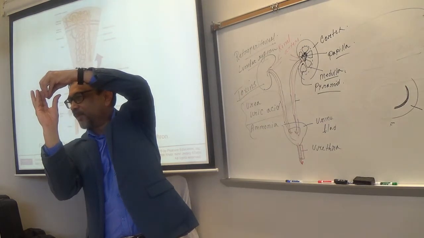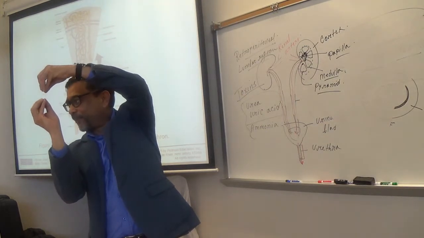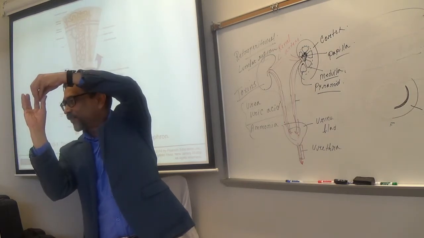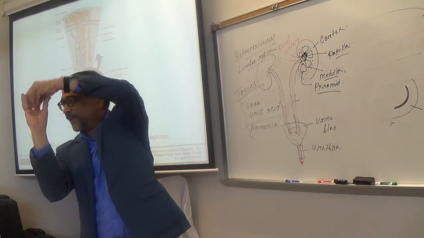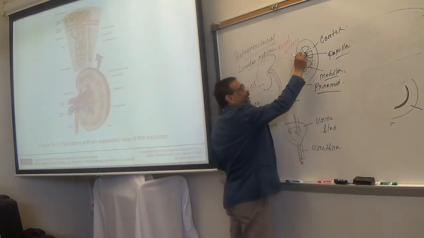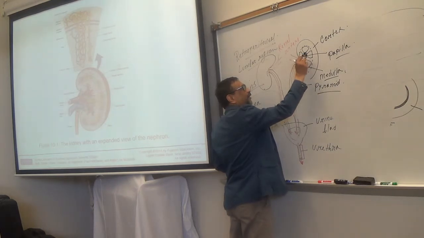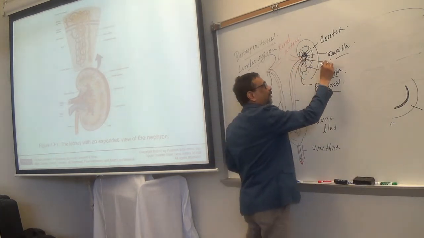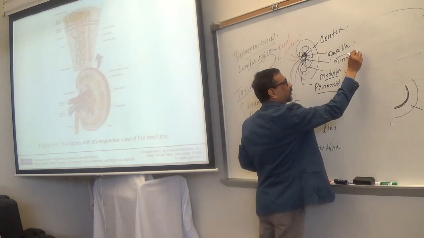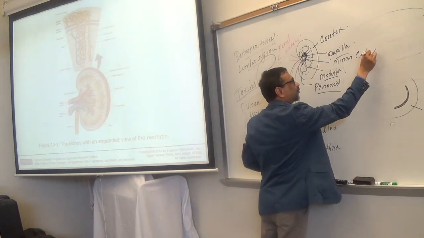Okay. So what happens from the papilla? Urine is secreted into that cup or funnel. So urine is released from the papilla here into the funnel-shaped structures, and these are called minor calyx.